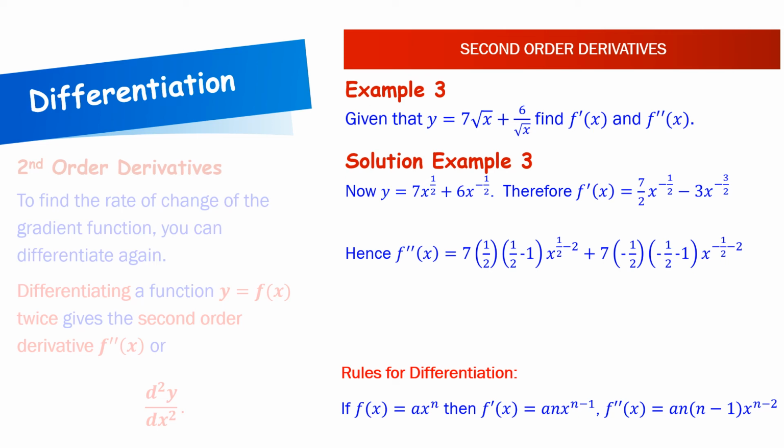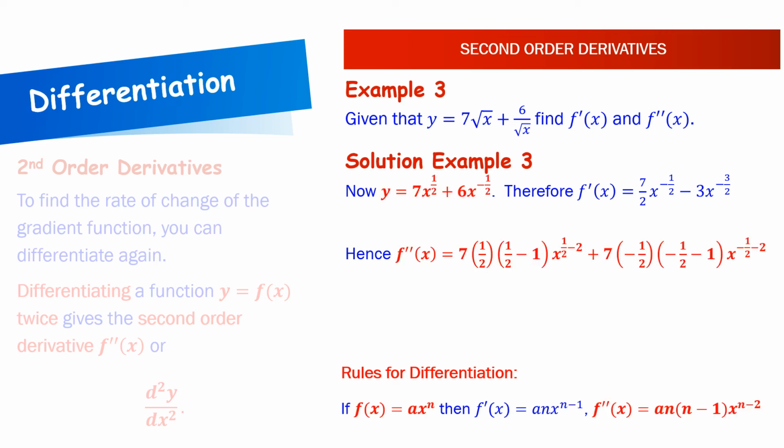And differentiating again, using the formula for f double dash of x, and applying it to the first term, gives us 7 times a half times a half minus 1 times x to the power a half minus 2. And applying it to the second term gives us 6 times minus a half times minus a half minus 1 times x to the power minus a half minus 2.